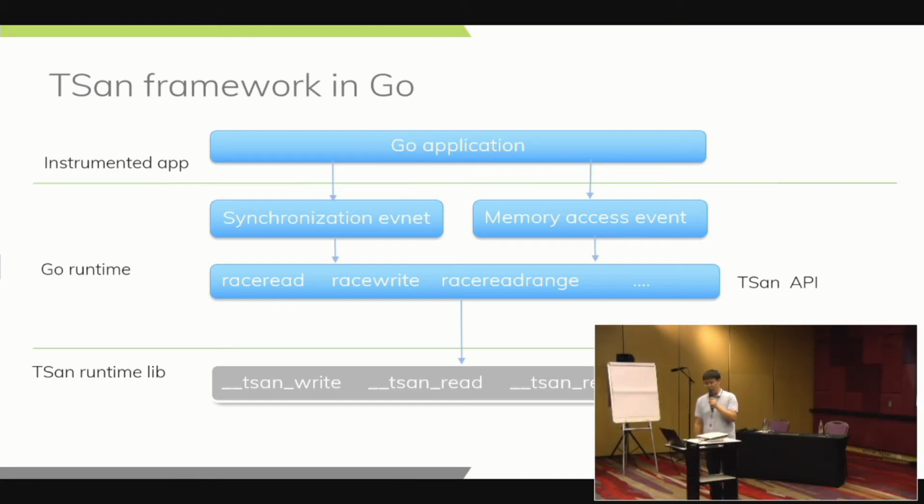This diagram illustrates how TSan works. It is similar to what MSan does. The TSan runtime library at the bottom implements the TSan algorithm and a set of functions that are used to record memory access events and synchronization events. Also, the TSan runtime library detects the data race through this event recording.